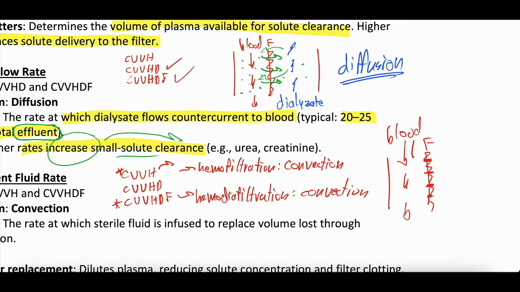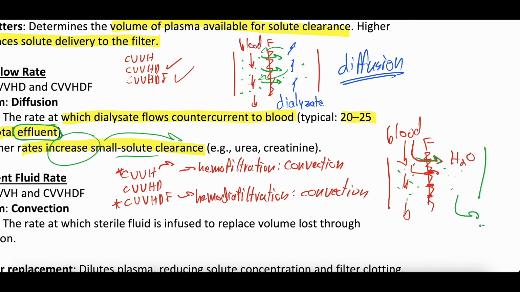And some of this blood is being filtered through these pores just based on the flow and pressure, and it is clearing water, but there's solute drag. So the solutes in the blood, as this water is being filtered out of the blood, some of those solutes follow that water, and they end up in this effluent.